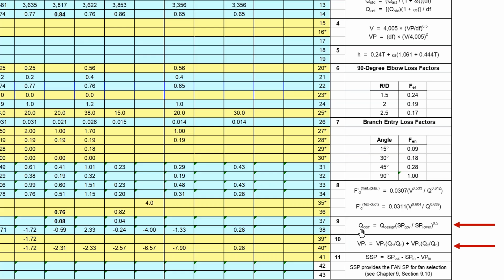It's our corrected flow rate is our design flow rate times the square root of the higher to lower static pressures.